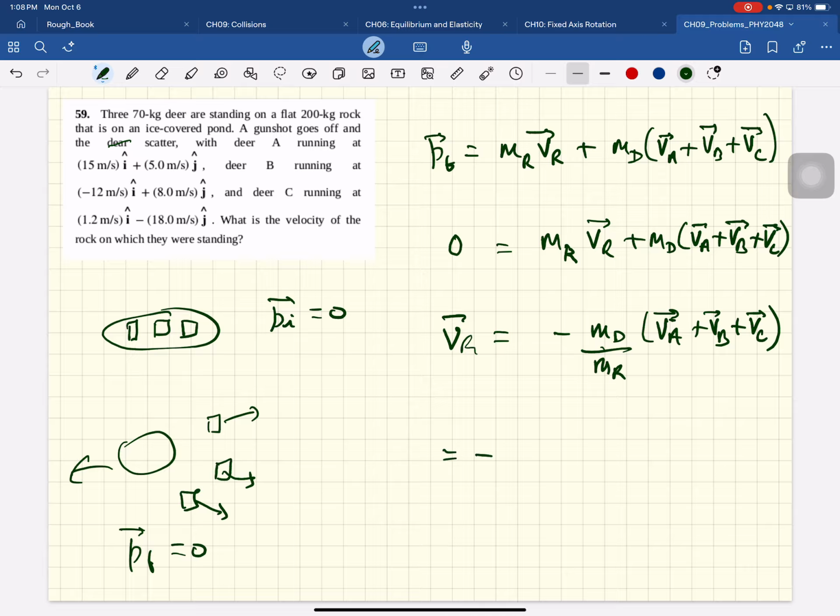So it's minus 70 divided by 200, and then the sum of these velocities. Okay, so let's add up all the velocities. So this is 3 plus 1.2, 4.2 i, and then 13, so minus 5j.